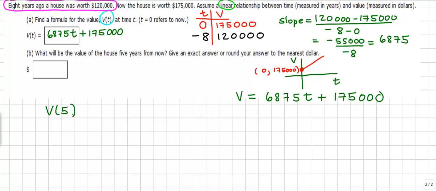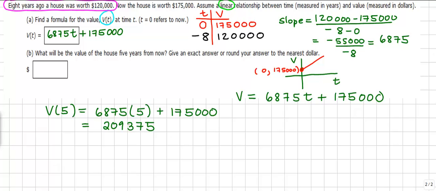So we will let t equal 5 and calculate 6,875 times 5 plus 175,000, which totals for us 209,375. And it says give an exact answer or round your answer to the nearest dollar.